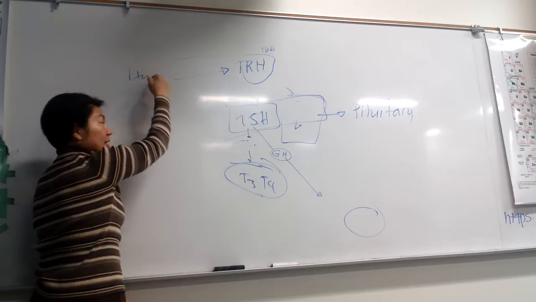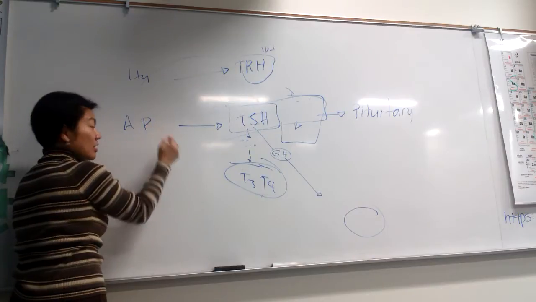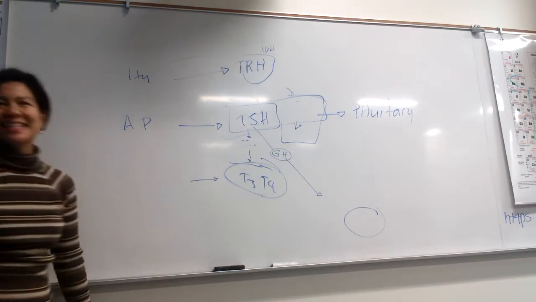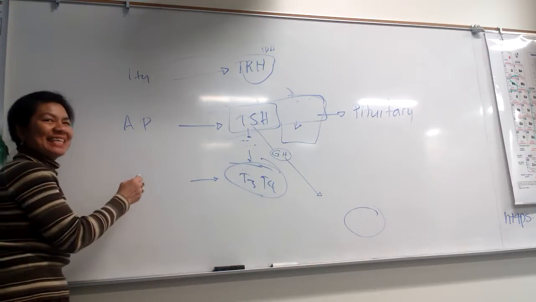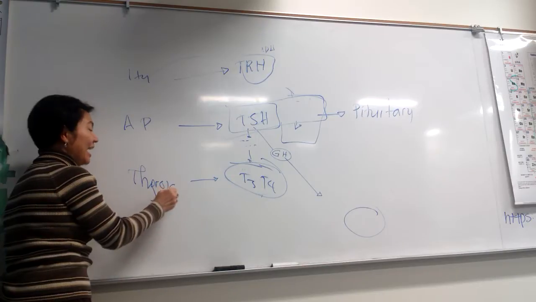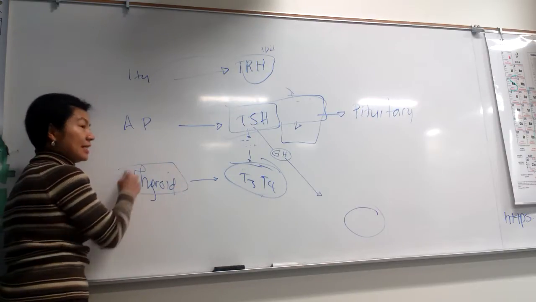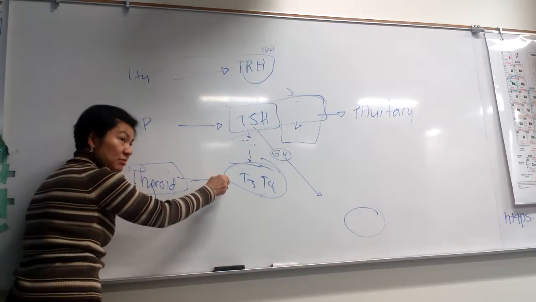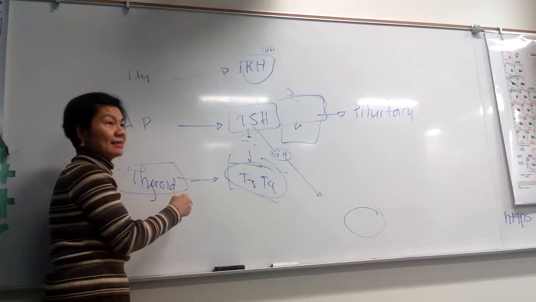Hypothalamus, right? What hormone is secreting this one? Anterior pituitary. Sorry, you mean what organ is secreting that? And then what endocrine gland is secreting this? Thyroid gland. I usually interchange. I would either use this one and ask you to give me the hormone, or use this one and ask you to give me the gland.